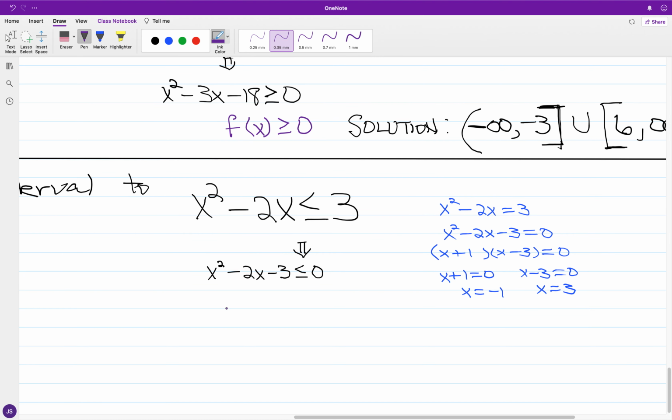So for the function, your f of x, which we have compared to 0 in the rewrite, you have x squared minus 2x minus 3. And the zeros are negative 1 and positive 3.